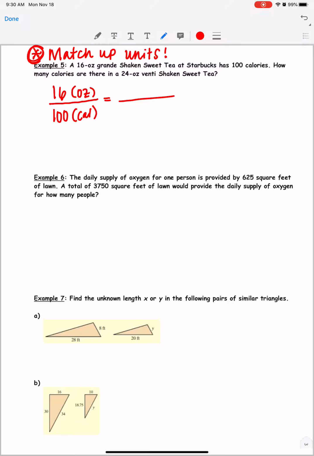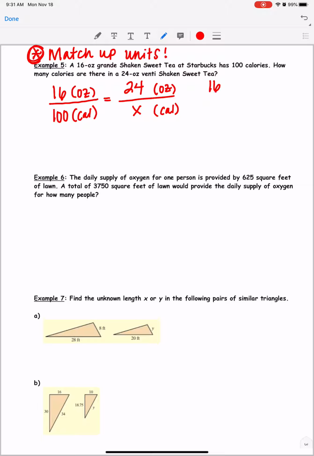Okay, so now I need ounces again over calories. It says how many calories, so I am solving for calories, so that's going to be my x, in a 24-ounce venti shaken sweet tea. So my 24 will go up here with my ounces. And so again, I only have those there to make sure my units match up.